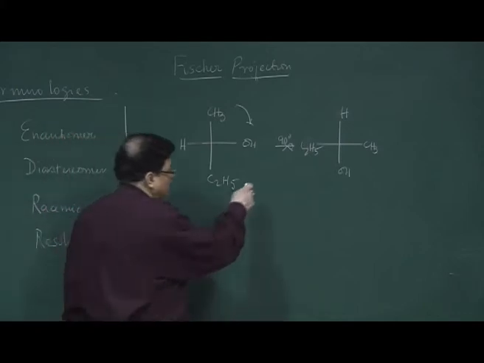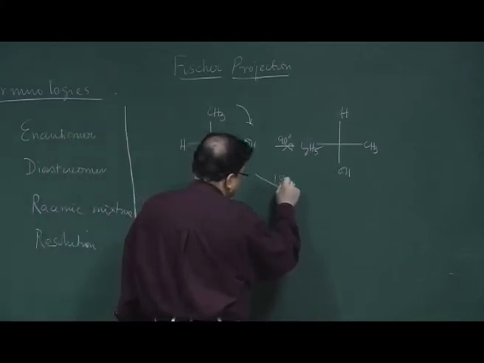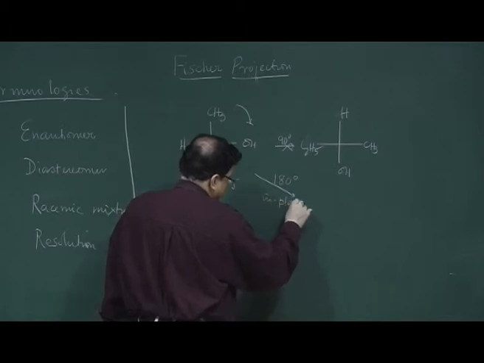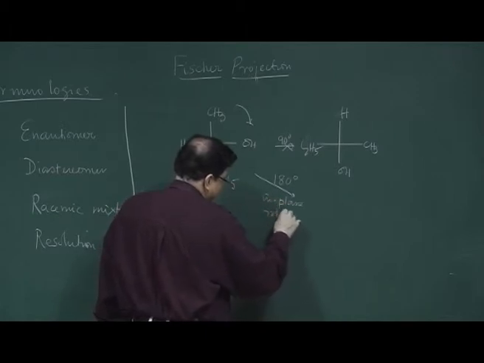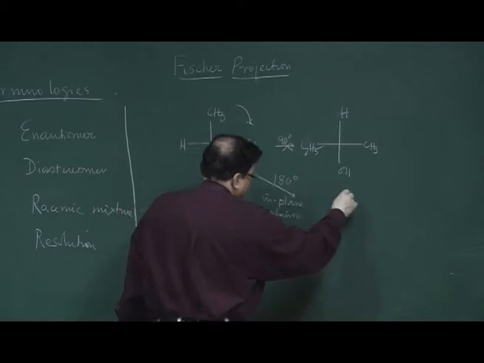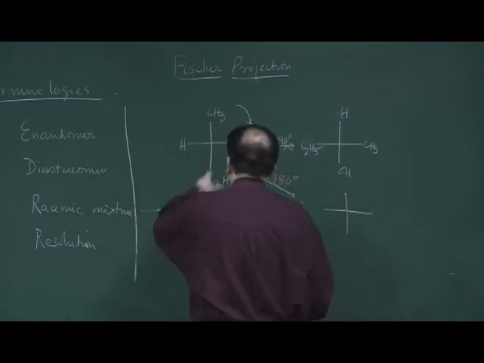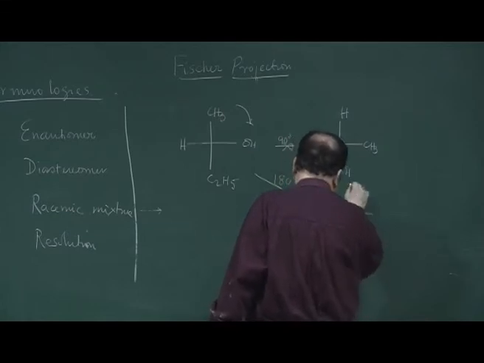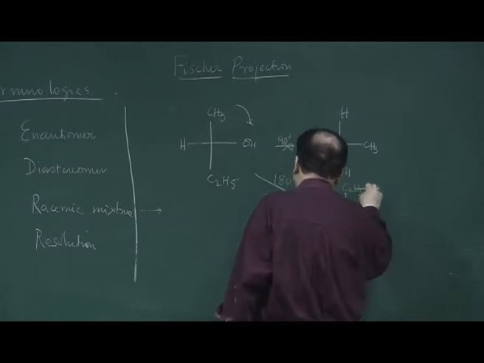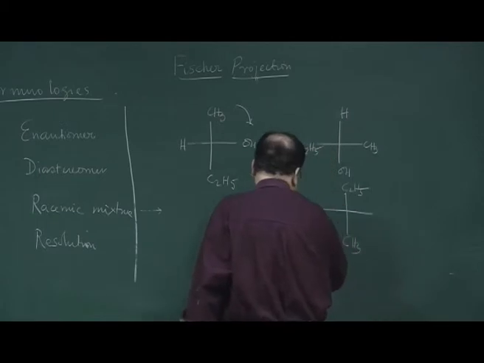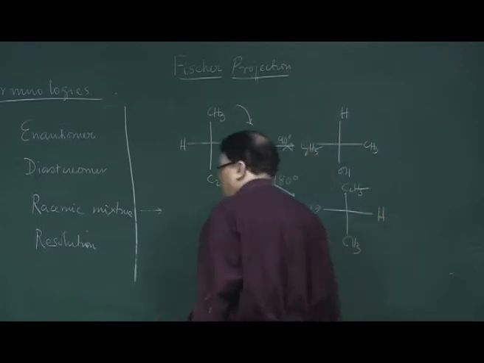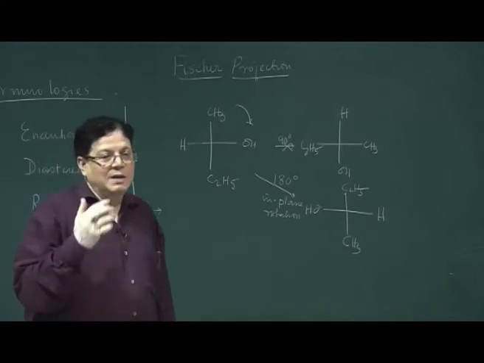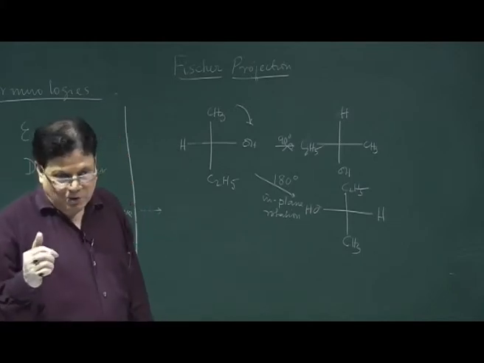What is allowed is 180 degree in plane rotation. In 180 degree in plane rotation, that means this methyl is here, C2H5 is there, and then OH is here, H is here. So, 180 degree in plane rotation is allowed, 90 degree in plane rotation is not allowed.